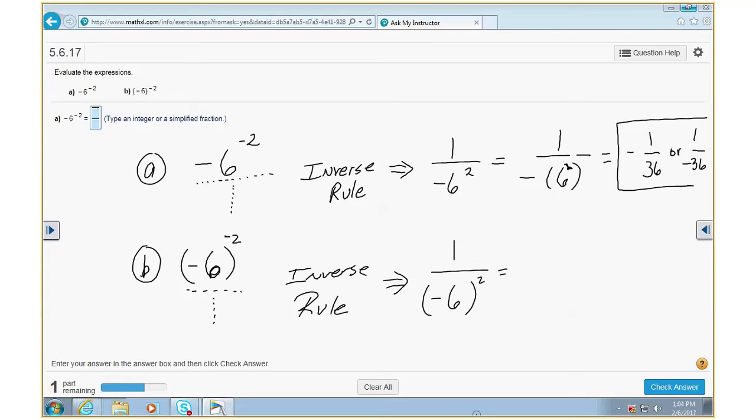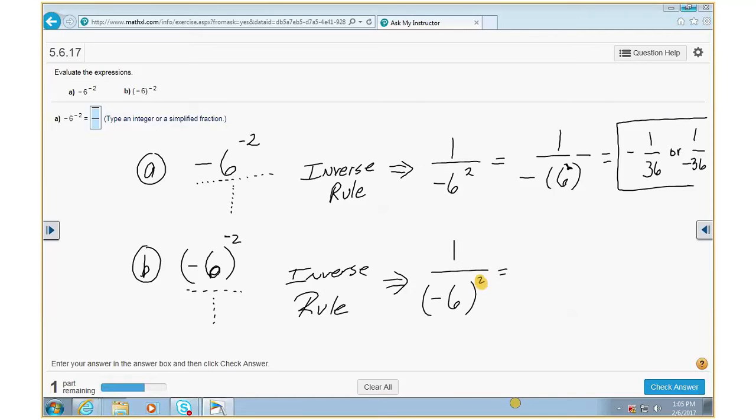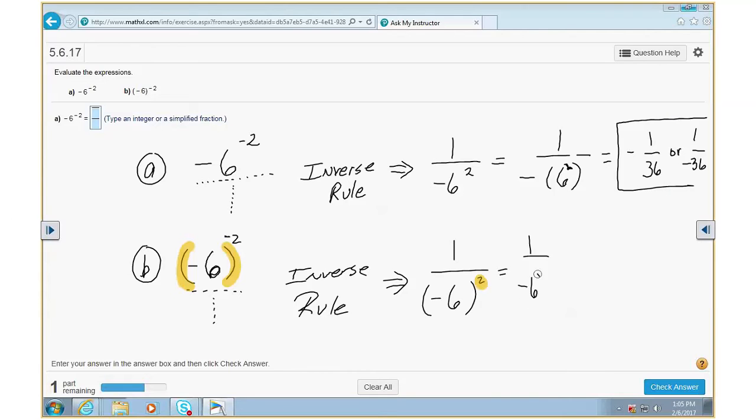Now, since this 2 is on the outside of the parentheses, and since this problem does have parentheses from the beginning, this whole thing is raised to the second power, the negative and the 6. So therefore, you've got this. I'm going to put an extra step in here. 1 over negative 6 times what? Negative 6, which is 1 over positive 36.